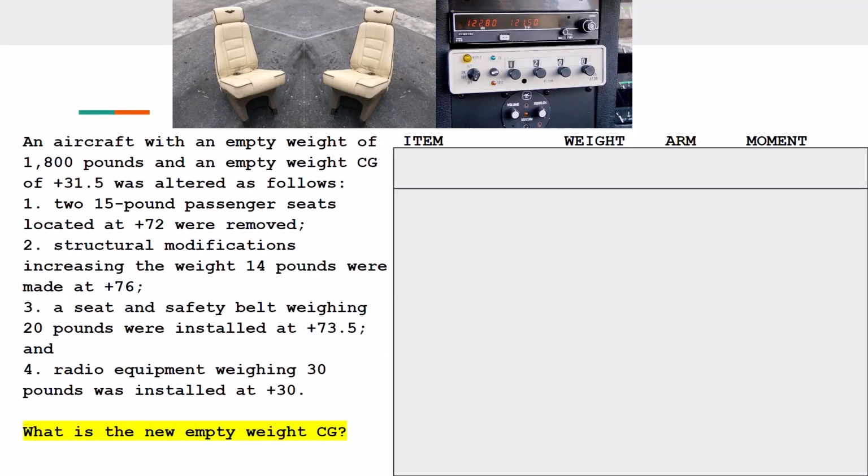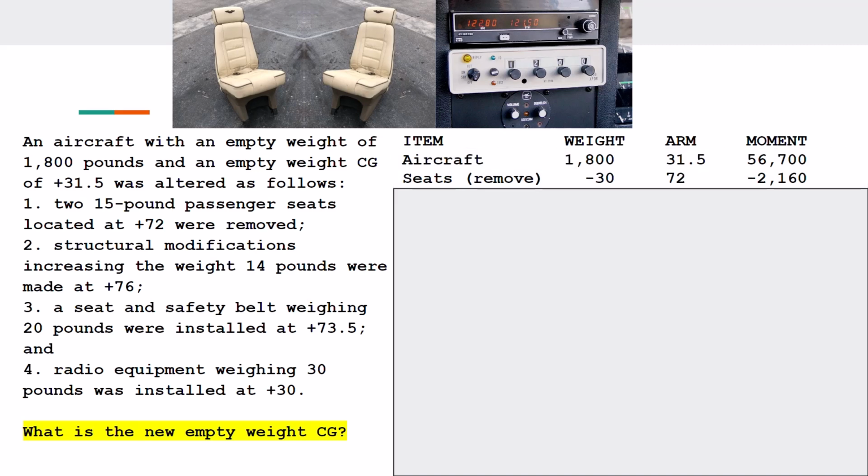Our first question says, an aircraft with an empty weight of 1,800 pounds and an empty weight CG of plus 31.5 was altered as follows. 2 15-pound passenger seats located at plus 72 were removed.